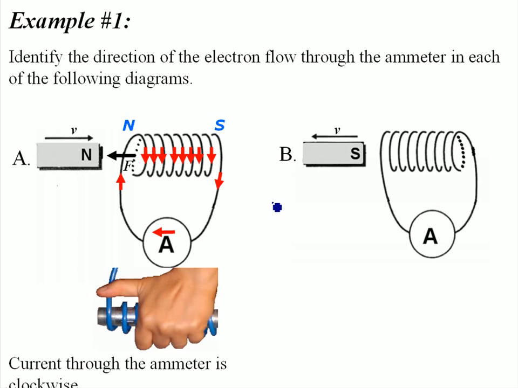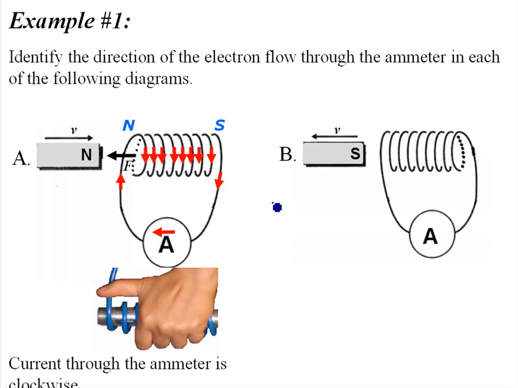In this case, the current through the ammeter, which is measuring the current, would be considered clockwise, or another way you could say it is from right to left, or even just draw clearly in the ammeter what the direction is. So you always use your second left-hand rule for coils, your third left-hand rule for long straight conductors.